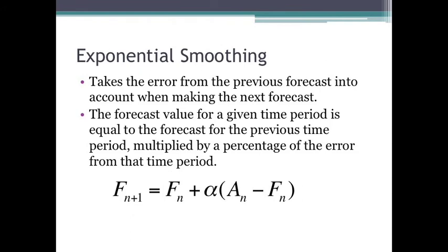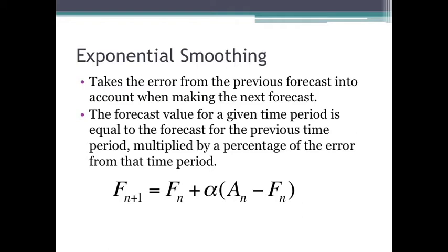Now, there's also a method known as exponential smoothing, and the way to describe exponential smoothing is this. You take a forecast, and then you adjust it by a percentage of how much that forecast is wrong.